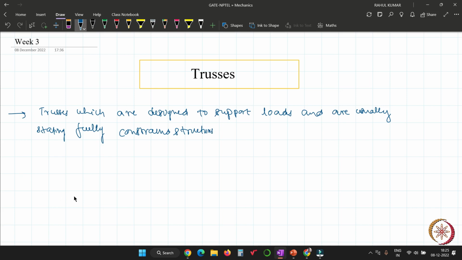So trusses are designed to support load and usually fully constrained structures. In the last class I talked about constraint things. And the second point, it is a member of trusses.